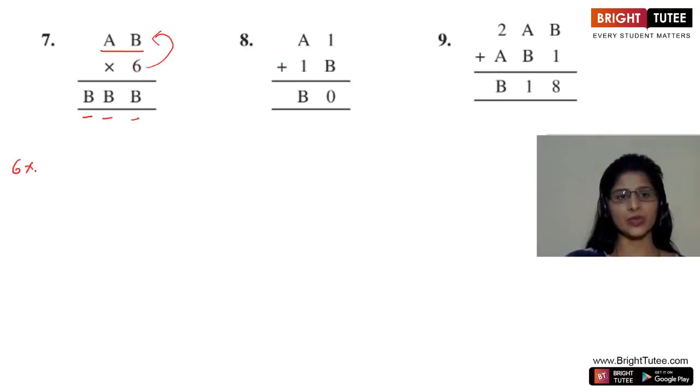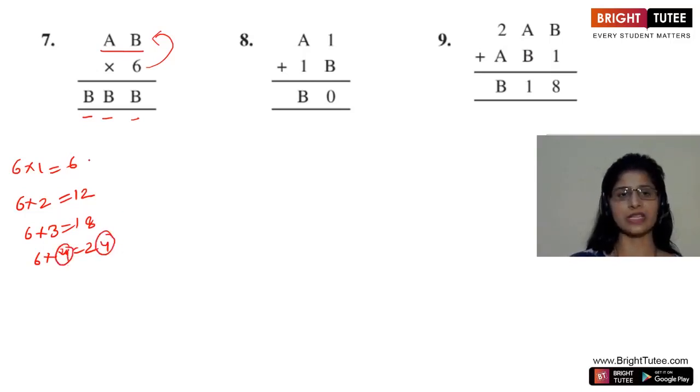If we multiply 6 with 1 we get 6. 6 with 2 we get 12. 6 with 3 we get 18 and 6 4s are 24. So we get the 4 as we multiply it with 4 in the units place. So we'll multiply it with 4. So writing here 4. So 6 4s are 24. 2 is the carry over here.